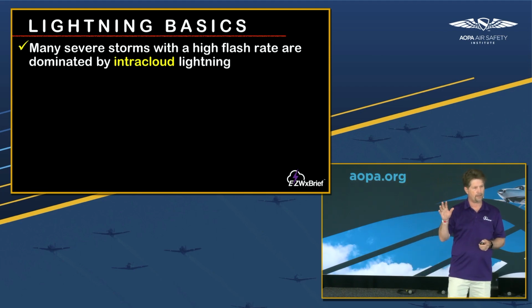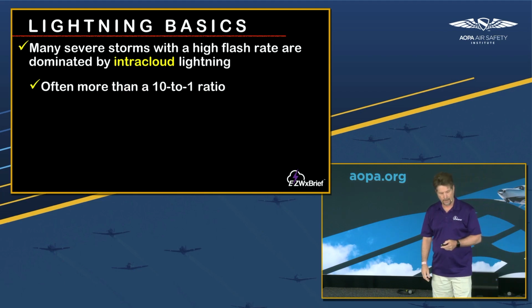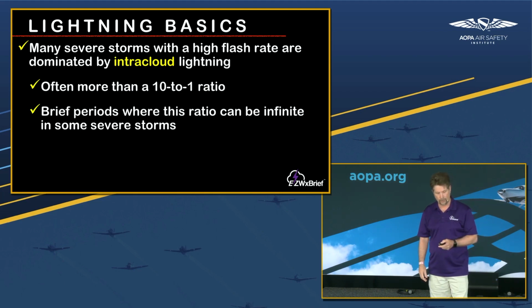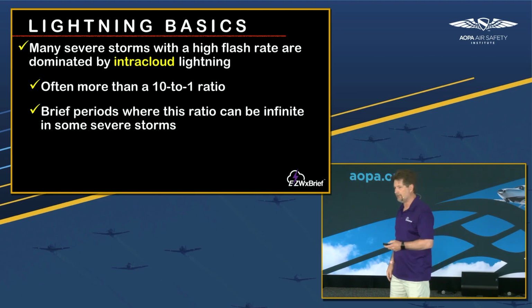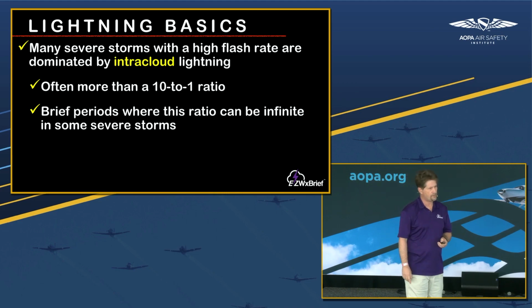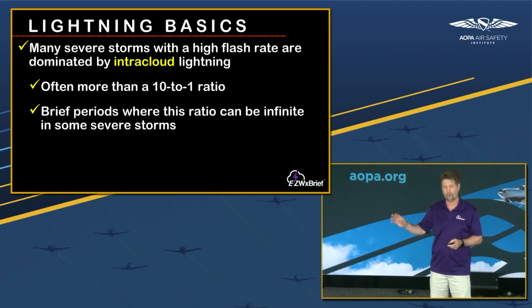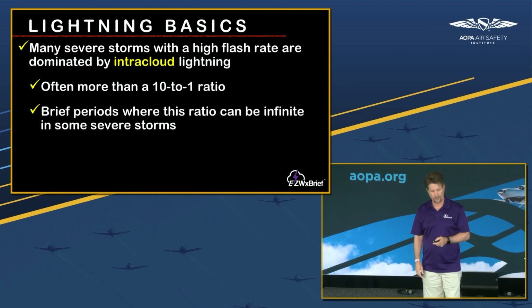Those are typically dominated by intracloud lightning, often more than a 10-to-1 ratio, and it can be infinite in some very severe storms. And for a while, I could tell that most of the lightning strikes that were occurring as this mesoscale convective system went through were, in fact, intracloud lightning strikes.